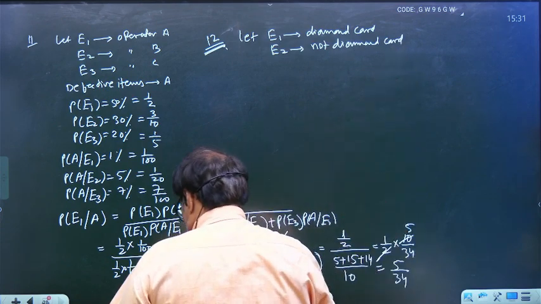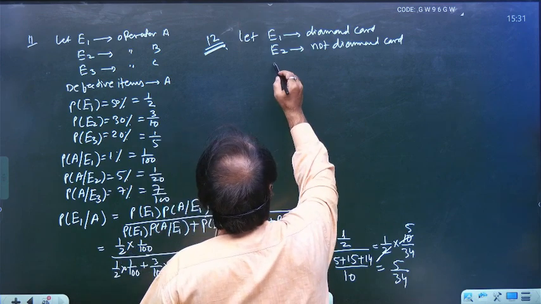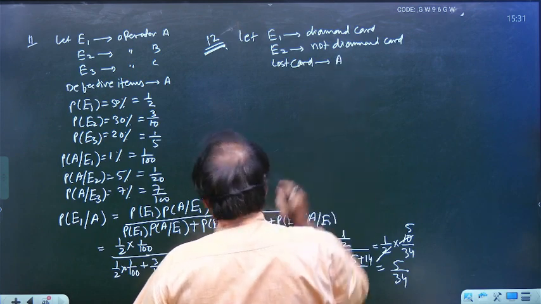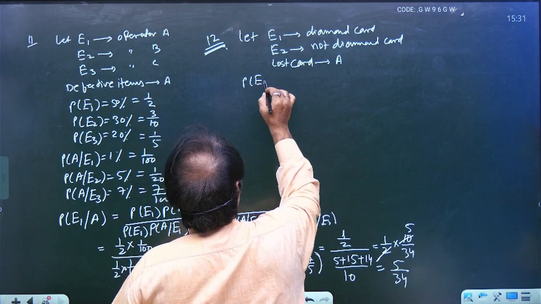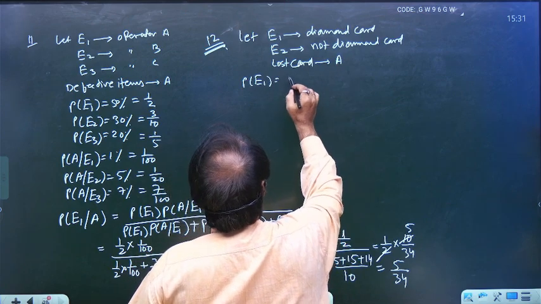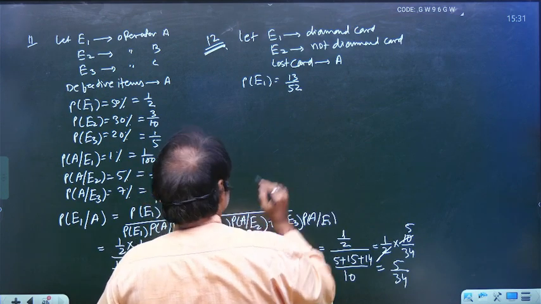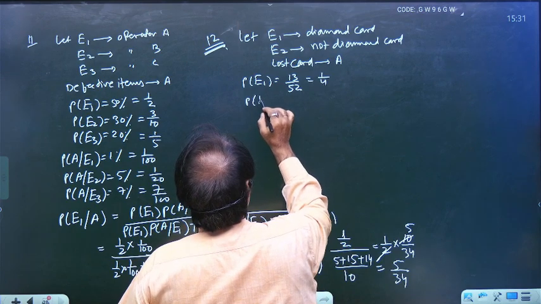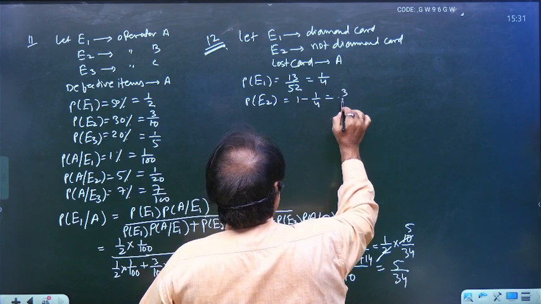Okay, and the lost card denoted by A. So probability of E1, there are 13 diamond cards, so 13 by 52, that is equals to 1 by 4. And probability of E2, that is not a diamond card, so 1 minus 1 by 4, that is equals to 3 by 4.